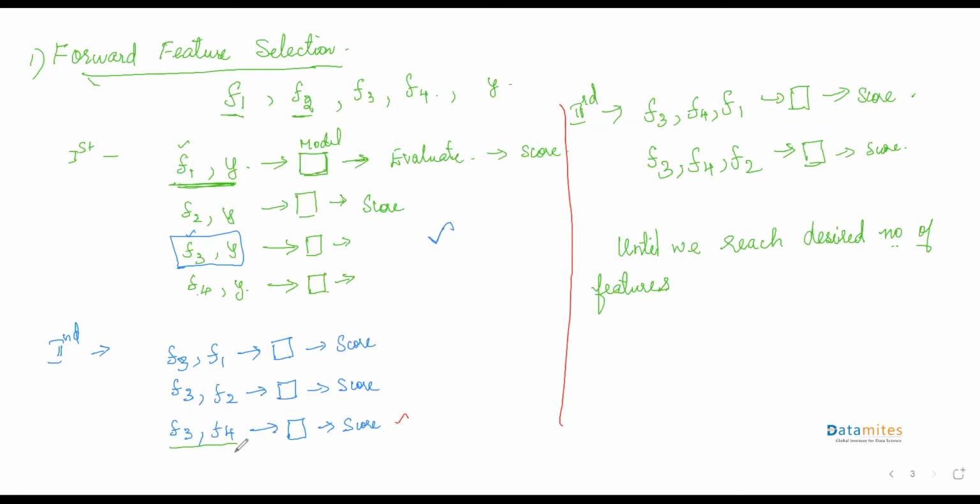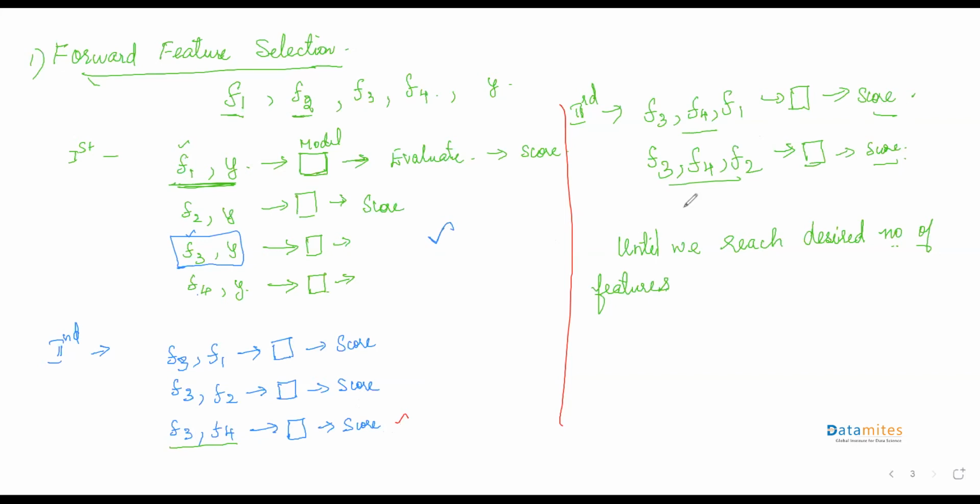In each iteration it is going to keep adding one feature and see the score. By adding each feature at each iteration, it will find out which combination gives the best score to select the right subset of features for training the model.